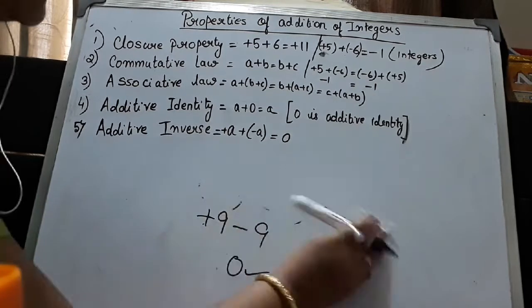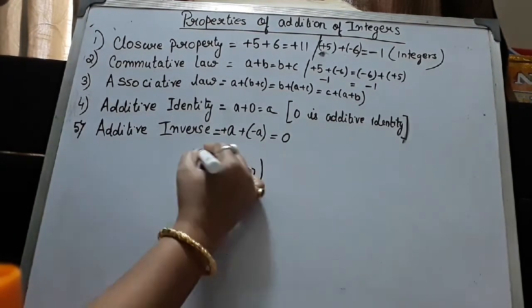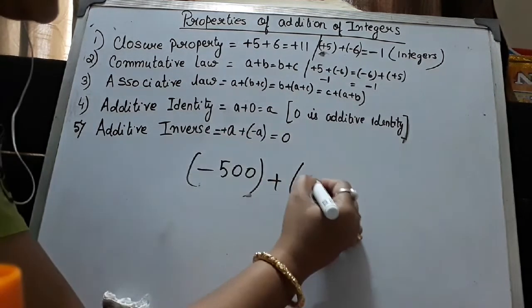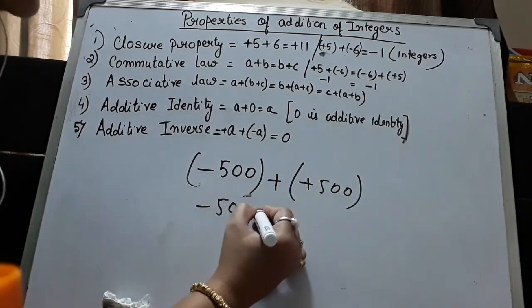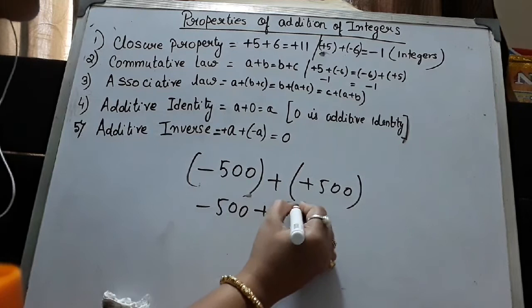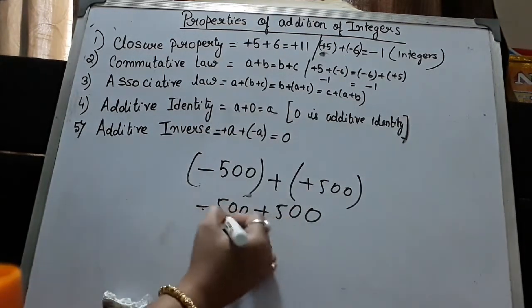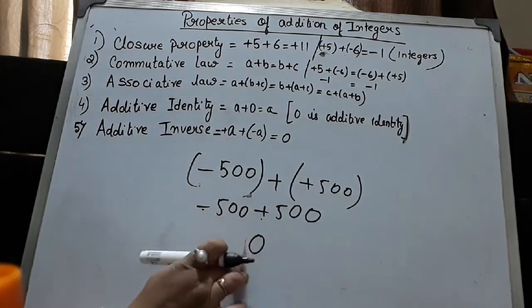One more example I am showing you. Any number you take, it can be a bigger number also. When we add 500 negative with 500 positive, what happens? Plus minus, you have to do minus. Sign you can put any, plus minus, but since it is 0, we don't put any sign.